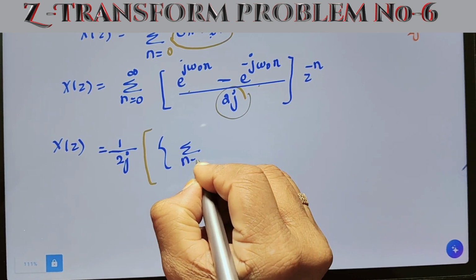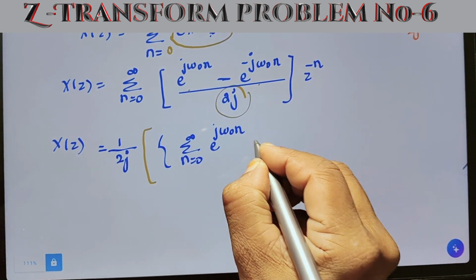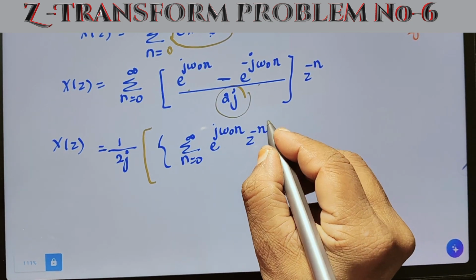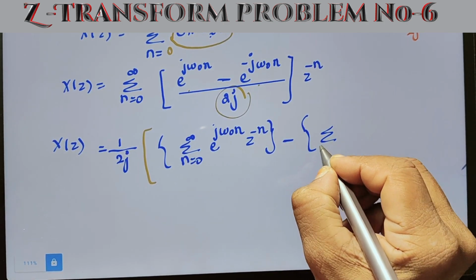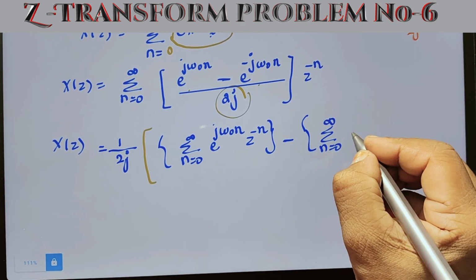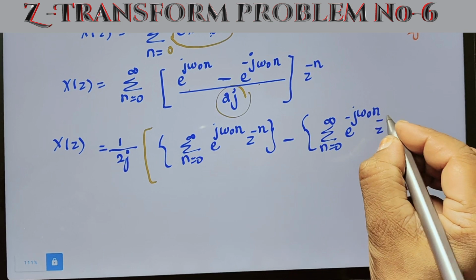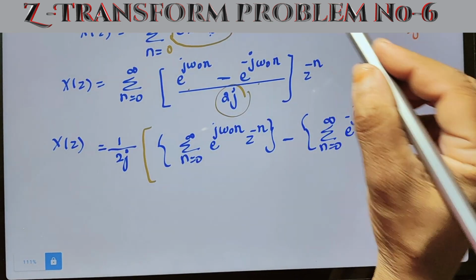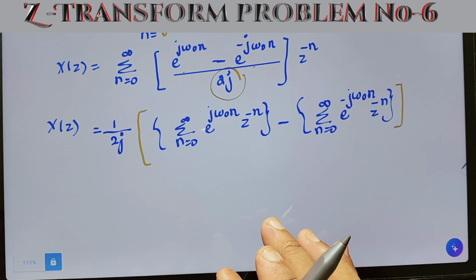Summation n equal to 0 to infinity e power j omega naught n into z power minus n, minus summation n equal to 0 to infinity e power minus j omega naught n into z power minus n. Close the bracket.